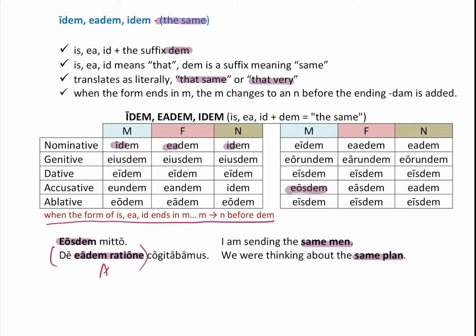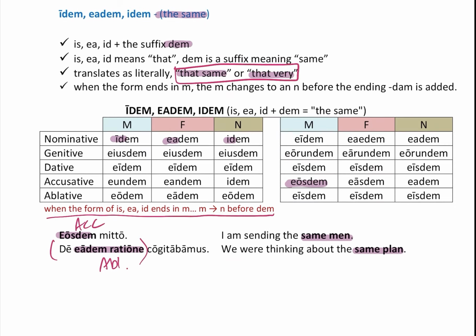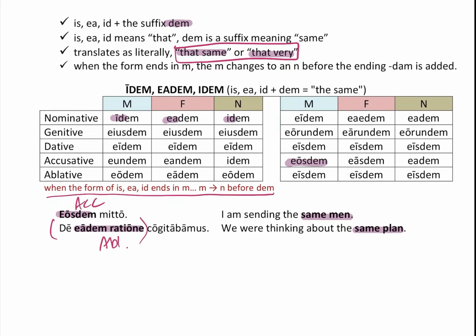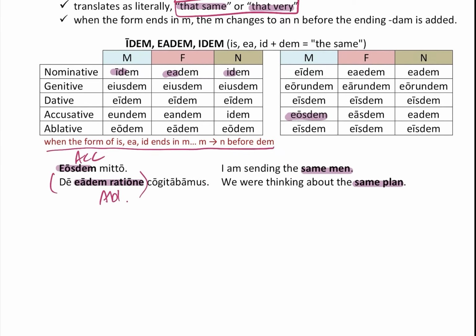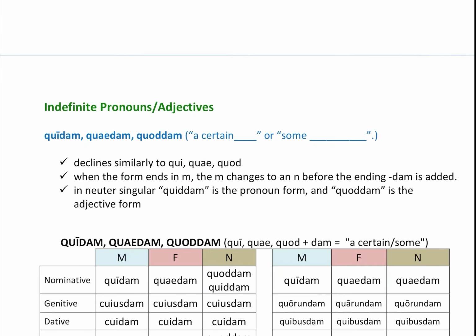It's in a prepositional phrase. So here it is the ablative and here it is the accusative. So it can be used different ways. Pretty easy. You're going to decide whether to translate it that same or that very. It's called an identical pronoun because it's the same or the thing, right? Identical makes a lot of sense.